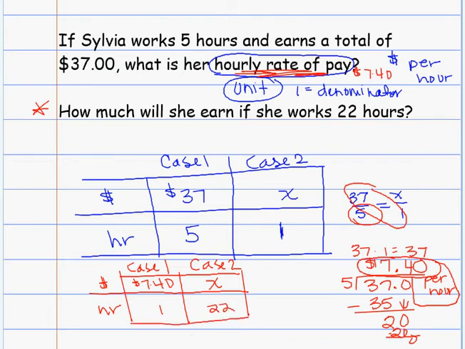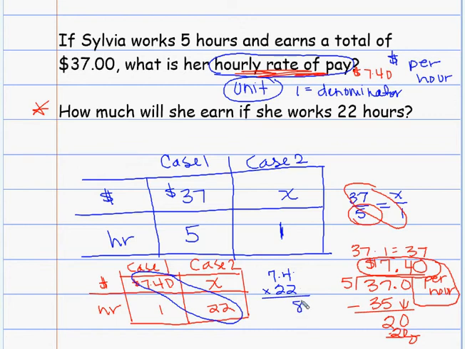So we would just multiply 740 times 22, so 7.4 times 22. Now I dropped that 0 off on the end because it's a trailing 0 after a decimal, and so I can do that. It's not going to change my answer.